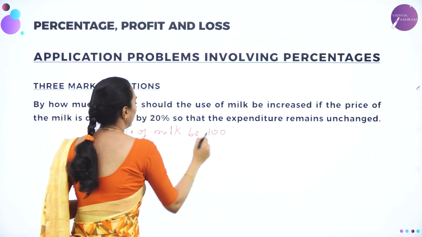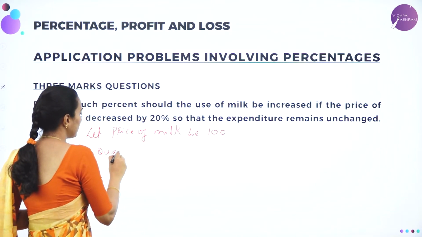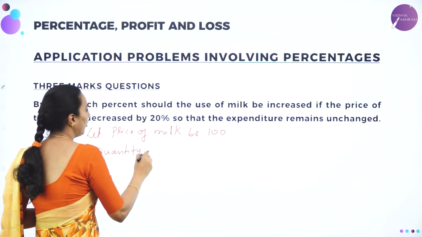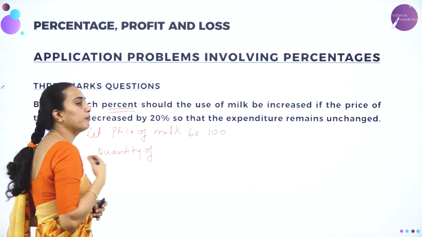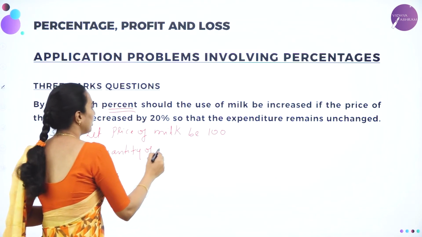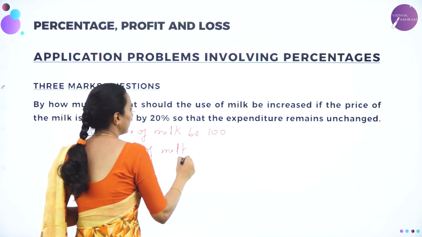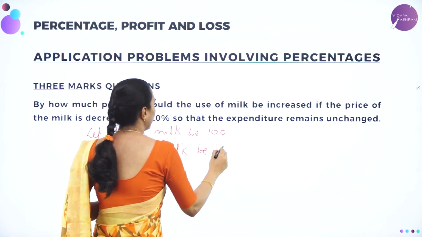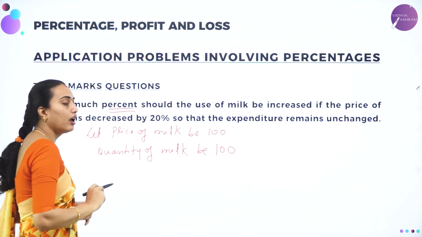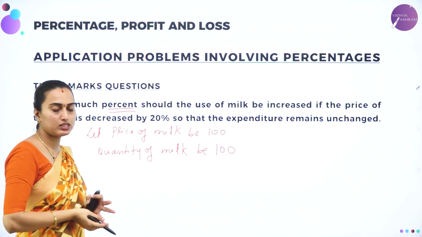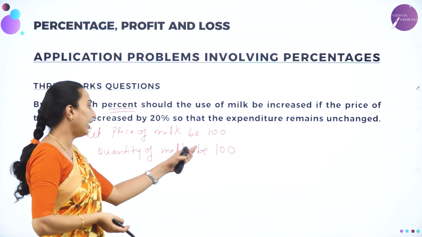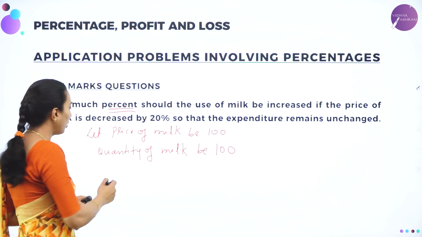And the quantity of milk, because the percentage is given, I am going to calculate for 100 itself. Quantity of milk be 100. Okay. I am going to consider this. Now, what will be the price of the milk? It is 100 and the quantity of the milk is 100. So, total how much?